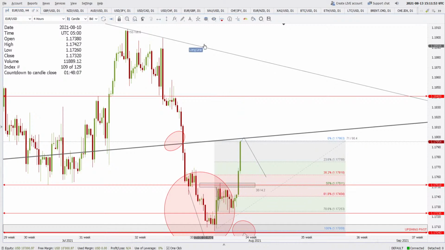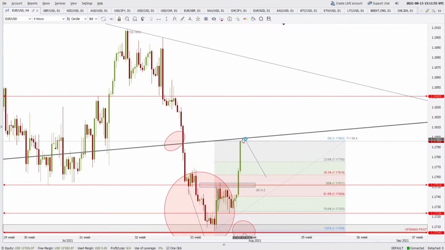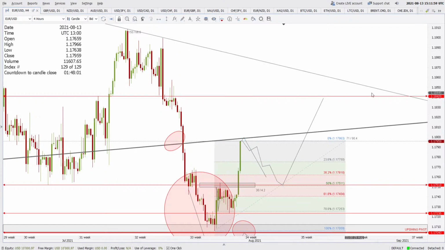So I'm expecting the price to come back to this area before it bounces further to the 1840 region. This is what I'm thinking, because this long term support upswing pivot has held very nicely.